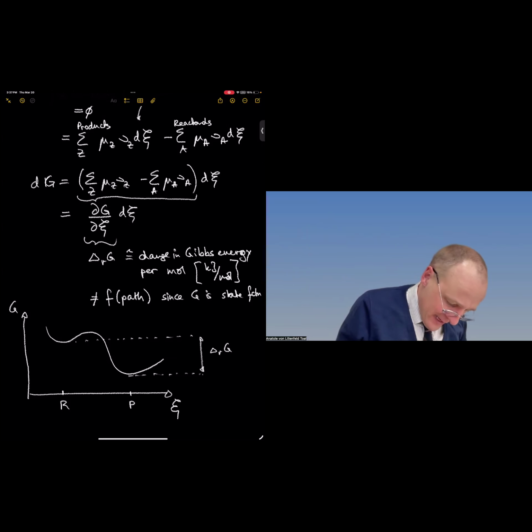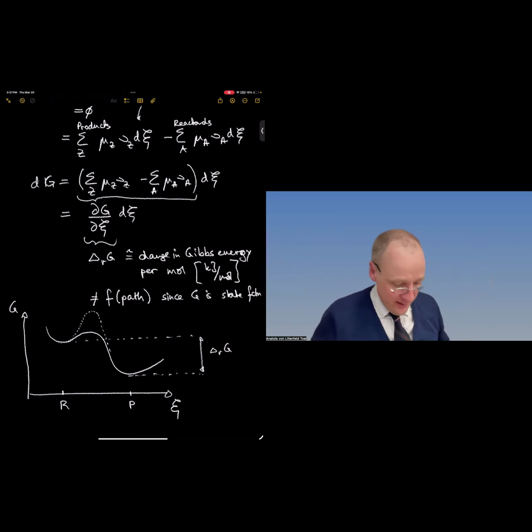If you have a reaction with the same free energy difference and a huge barrier, it will have the same equilibrium constant, but it will happen on a different time scale. So there's a famous example for this. Consider graphite and diamond.